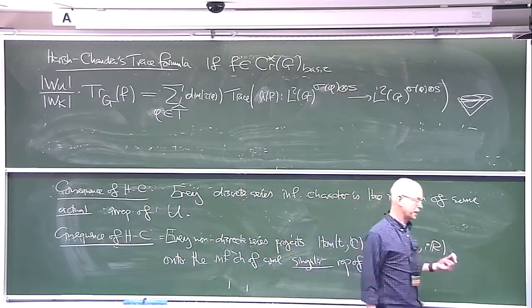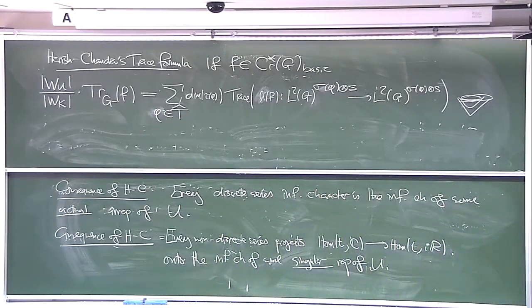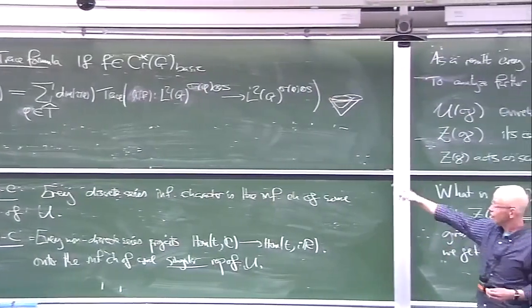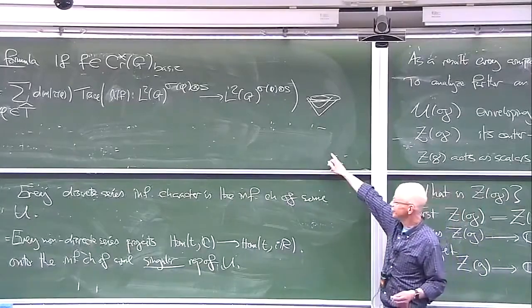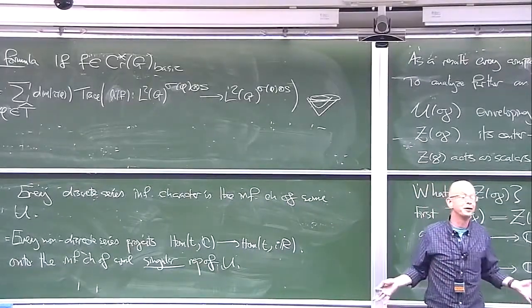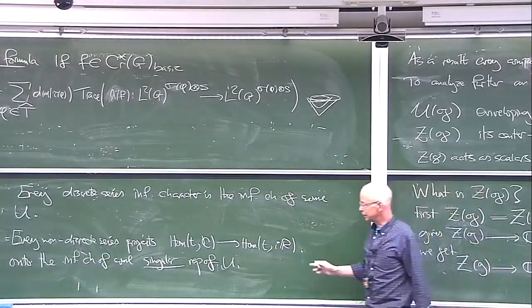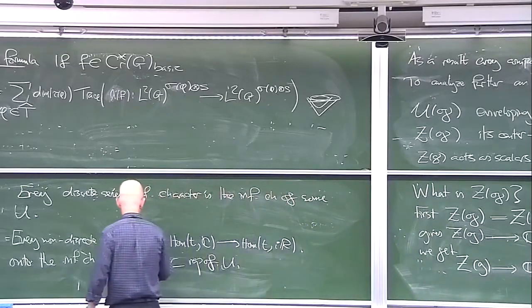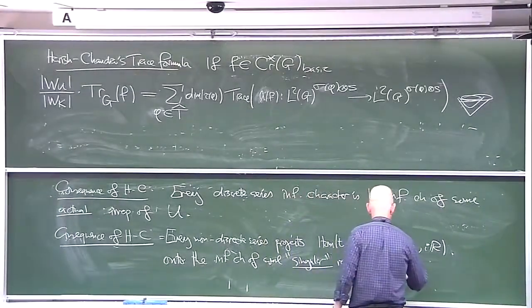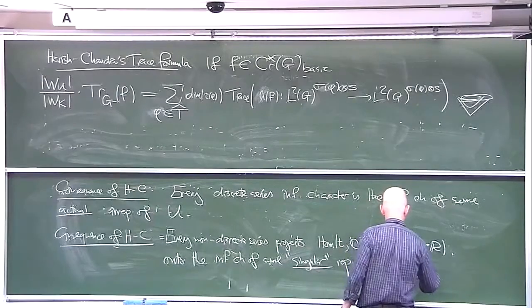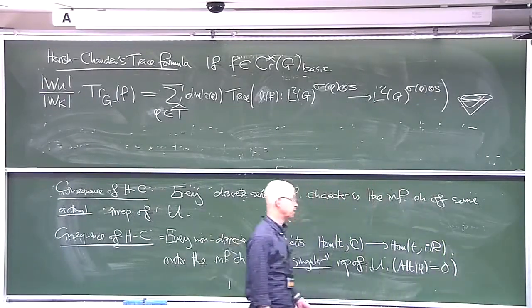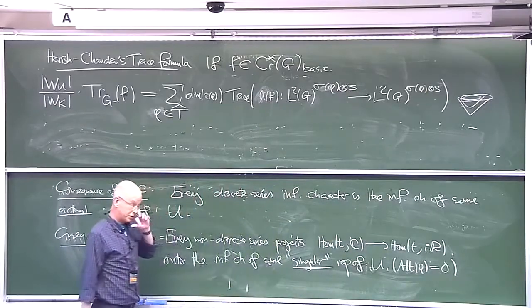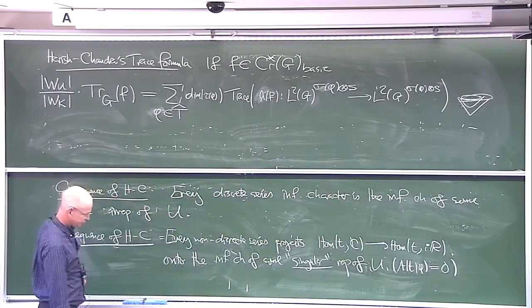I mean, it's not actually a representation of U at all. It's an example of a character of T with the property that when you form this alternating sum, as I had written here, but then I erased it, you actually get 0. It's not a real representation of U, but let's call it a singular representation of U. I mean that when you form this alternation, which appears in the numerator of the character formula, you actually get 0, so it's not a real representation at all. Should have thought of a better name.